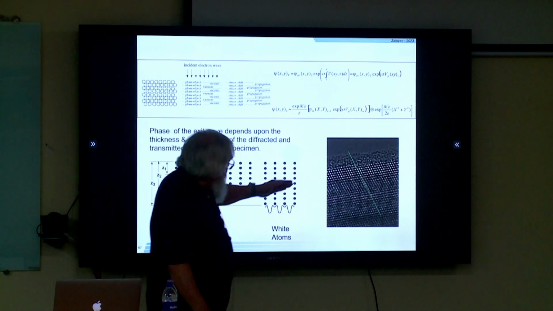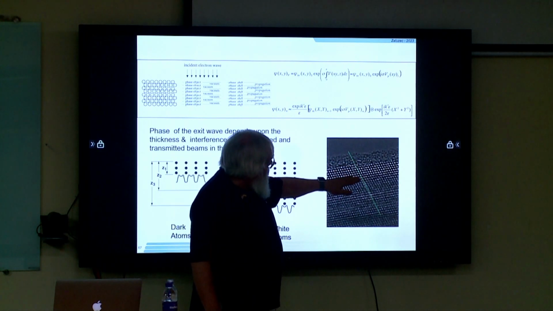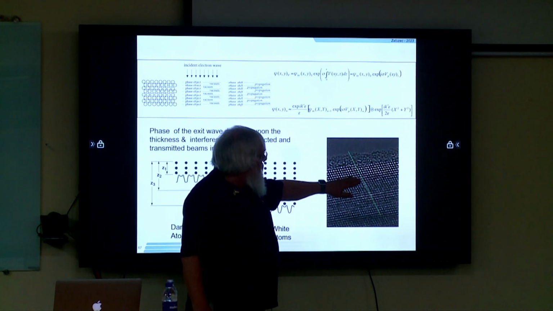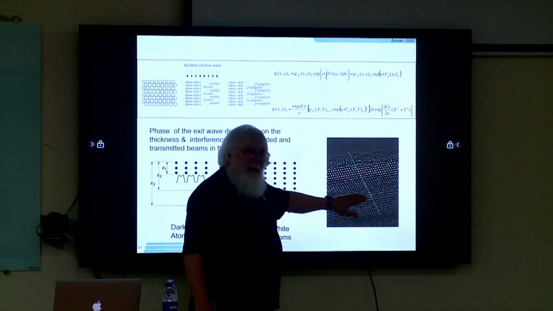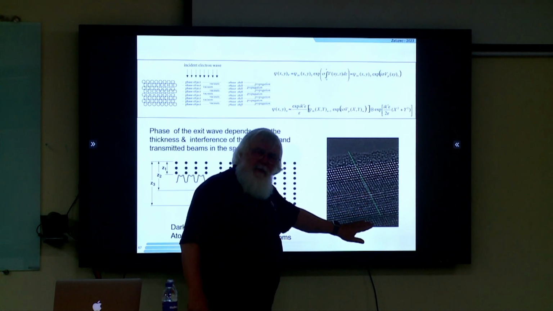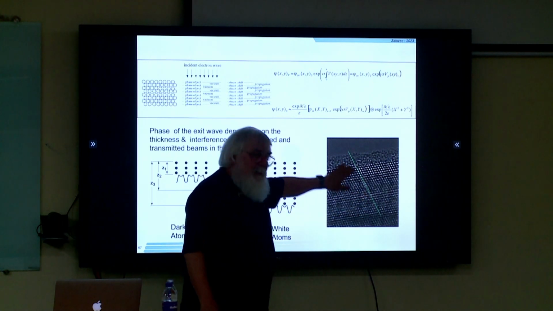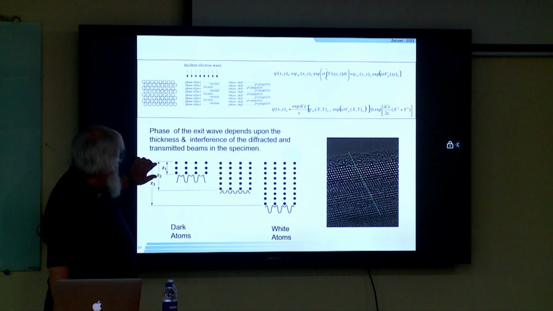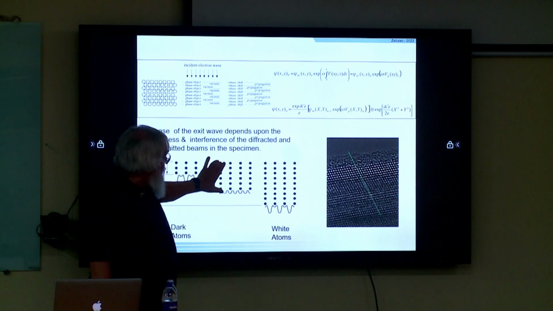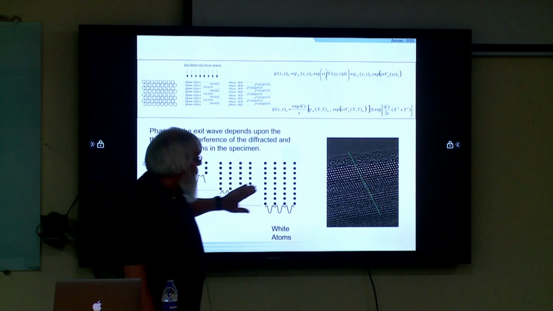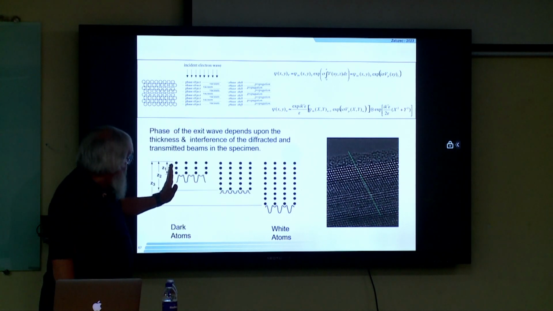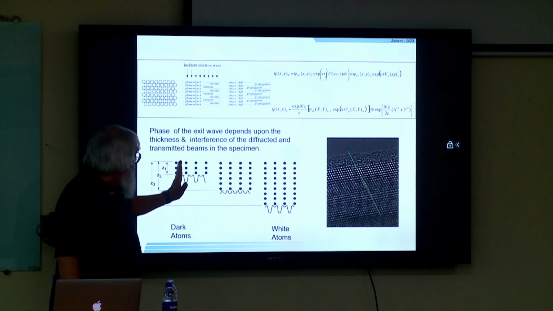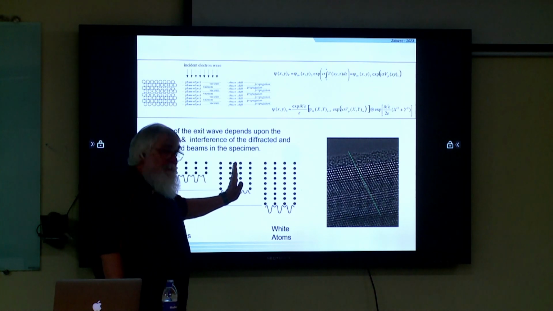Now, what's happening here? I've got a nice, beautiful lattice image here, but all of a sudden the lattice image is getting corrupted. It doesn't look very good anymore. What's happening is we're changing the thickness of the sample. We're going from a thin sample to a thicker sample to a thicker sample. And what we're doing is we're getting channeling and interference from different numbers of planes.